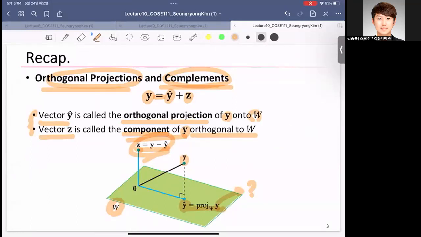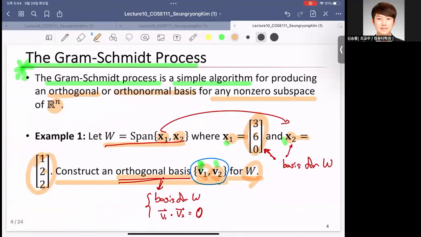Vector y hat is called the orthogonal projection of y onto W. Vector z is called the component of y orthogonal to W. And we started the Gram-Schmidt process, which is a simple algorithm for producing an orthogonal or orthonormal basis for any non-zero subspace of R^n space. Orthogonal and orthonormal bases are exactly the same, except the orthonormal one is just a normalized version of the orthogonal basis.